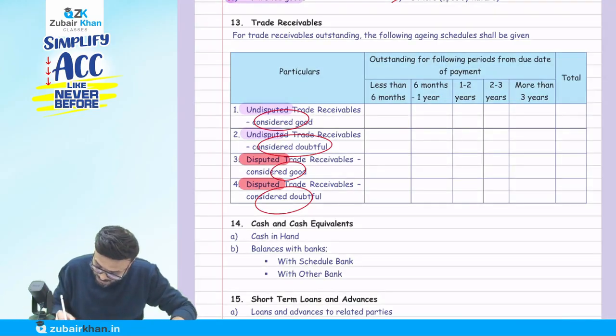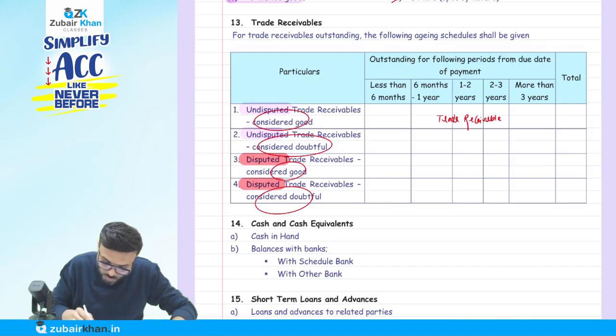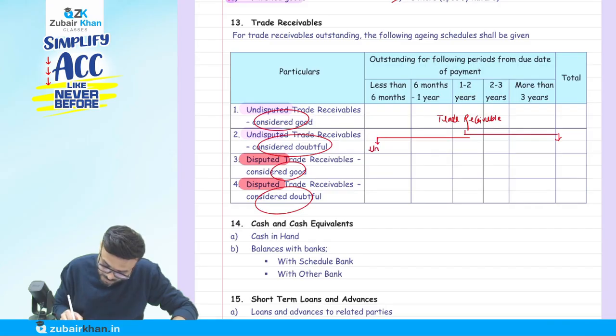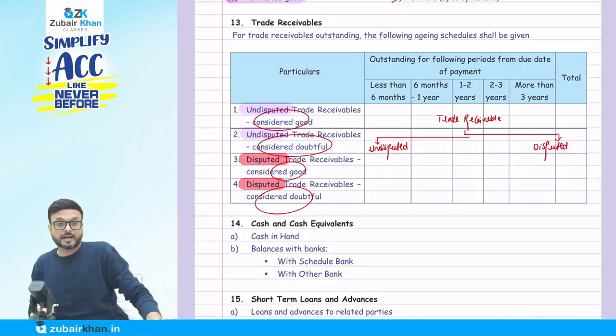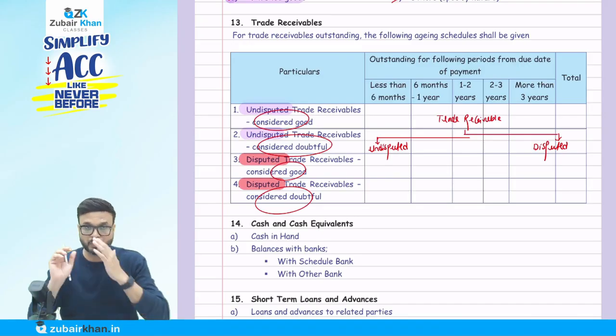Let me write it down. They want us to bifurcate trade receivable into 2 categories. First is undisputed, and second is disputed. Now understand this point.